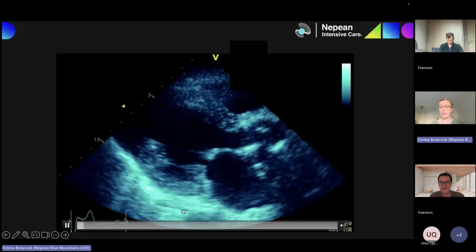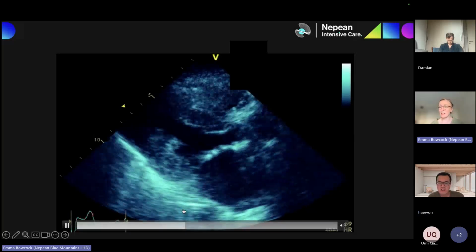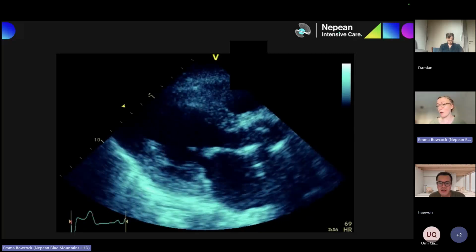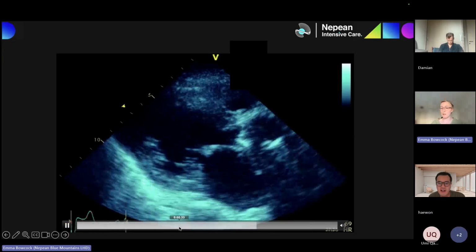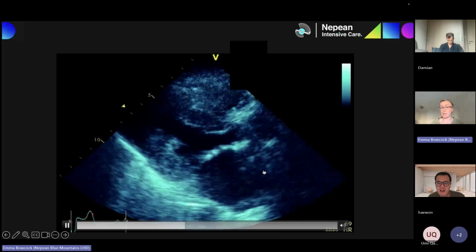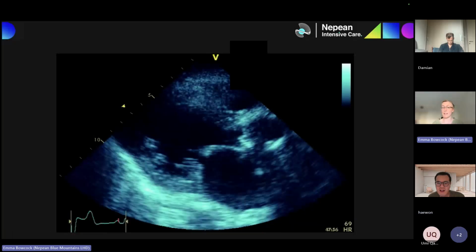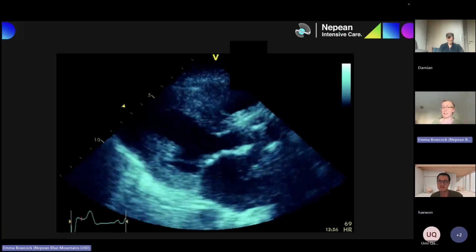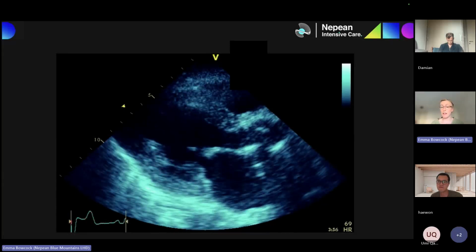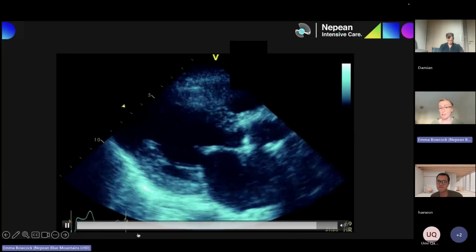And I do want to point out that there is an abnormality with this aortic valve that you didn't comment on, which is fair enough because you'd want to see it in more planes. But I would at least say that I was worried about this valve. You're right about the LV: its function looks normal to hyperdynamic, and it doesn't look terribly dilated, but I'd want to quantitate that. The LA looks massive. The RV I can't see very much of, but it doesn't look terribly dilated.